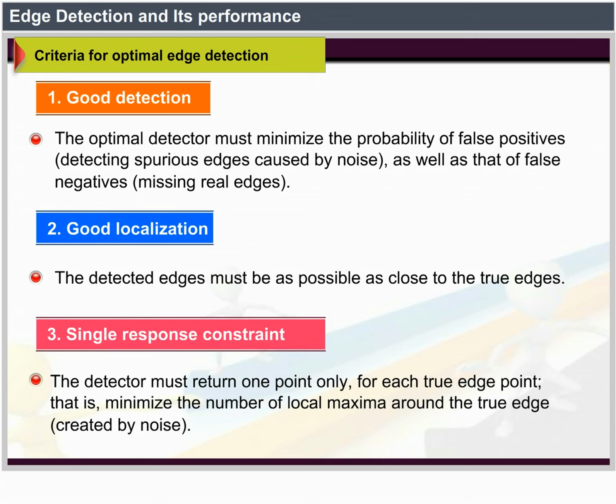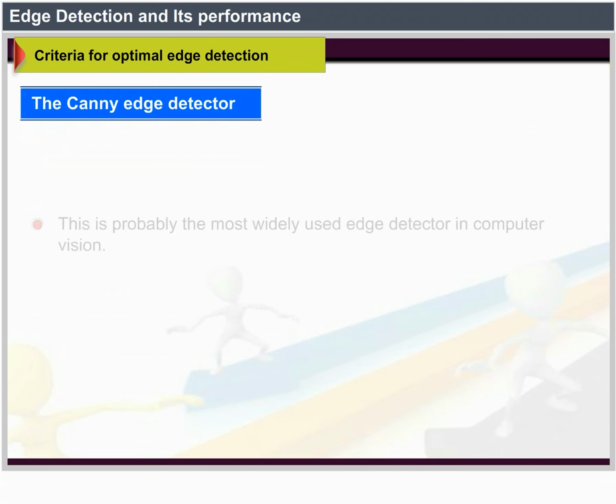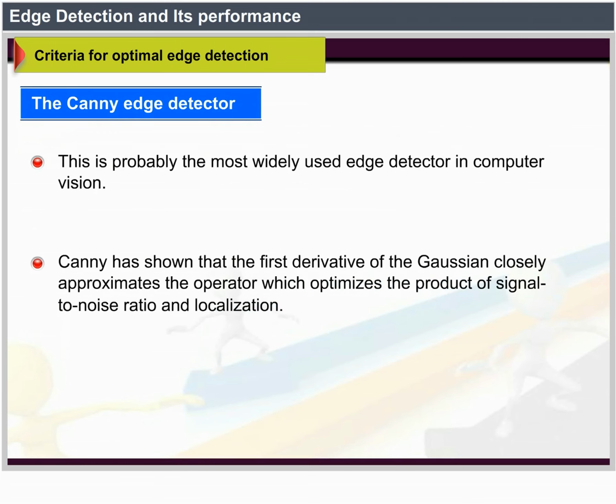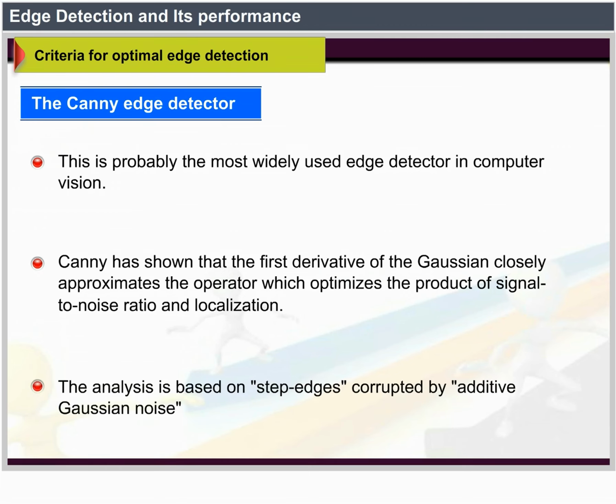The Canny edge detector. This is probably the most widely used edge detector in computer vision. Canny has shown that the first derivative of the Gaussian closely approximates the operator that optimizes the product of signal-to-noise ratio and localization. The analysis is based on step edges corrupted by additive Gaussian noise.